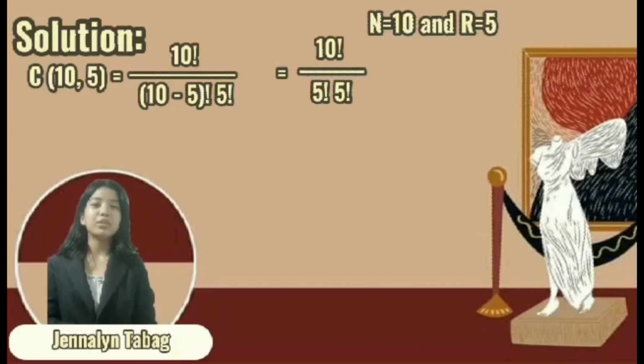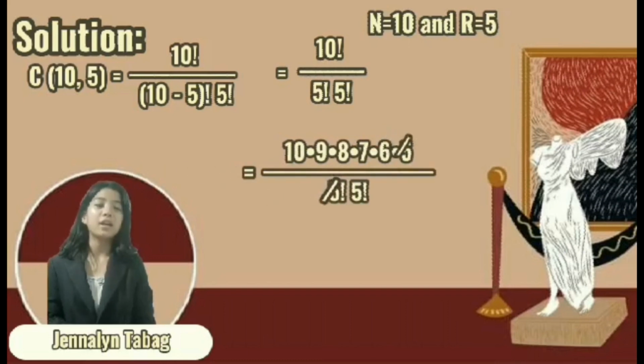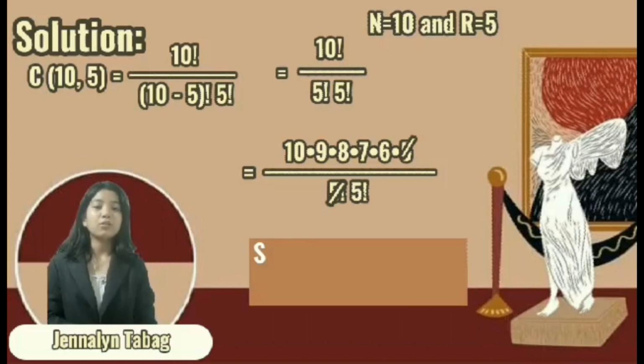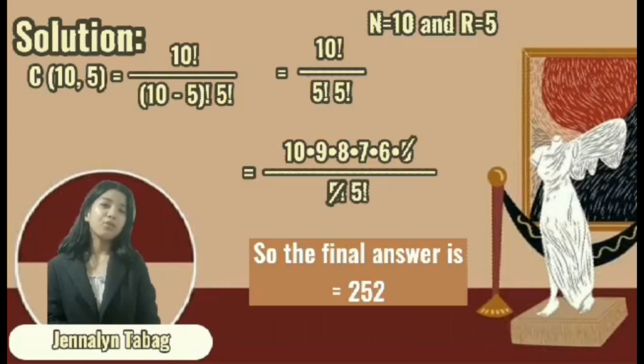Next, we need to expand the numerator, which is 10 factorial, then cancel the 5 factorial in both numerator and denominator. Then multiply the remaining factors, which is 10 times 9 times 8 times 7 times 6 equals 30,240. Then divide it by 5 factorial, so the answer is 252.